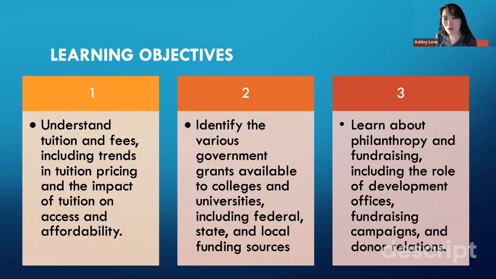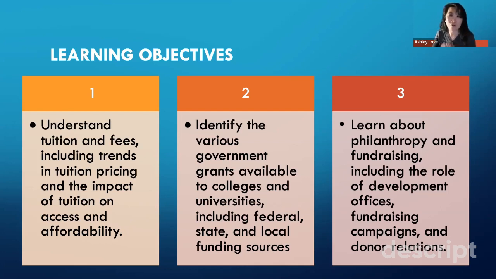And you're going to learn about philanthropy, fundraising, and the whole role of development offices that you see in a lot of very successful universities. They have machines of people looking at tuition, so in our case admission, right?